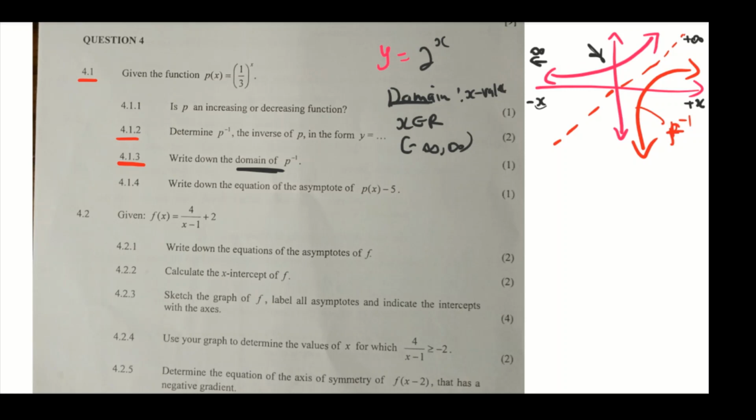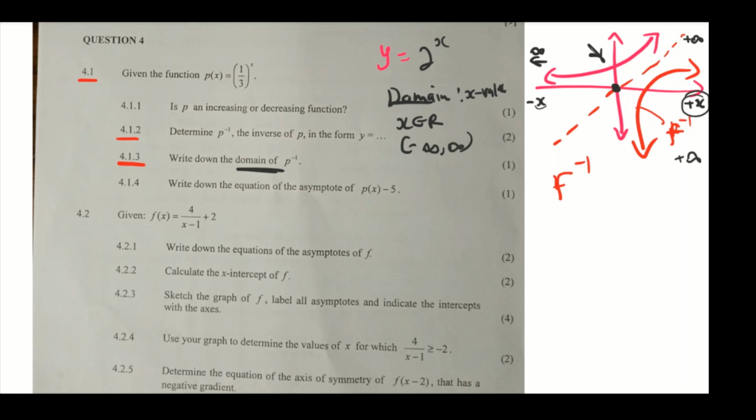If we were to write the domain of this inverse, we look at the x values, remember the domain. Here it's 0, meaning this function starts just above 0 to whatever infinity that is positive for the x values.